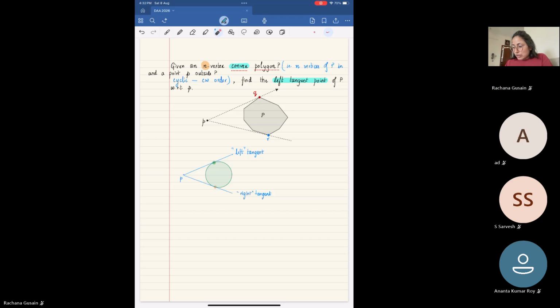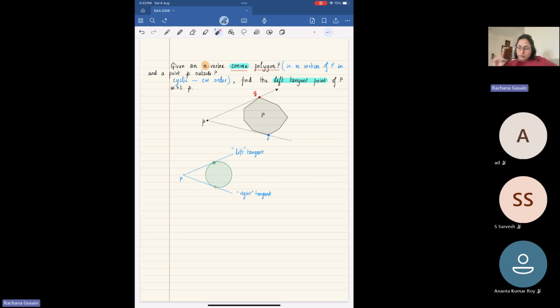Now, how do we find this point Q? So forget about this point R for now. I have this point P, I want to find this point Q. What I'm given is all these points 1, 2, 3 up to N. What is special about this point which will help me decide that this is the left tangent point?